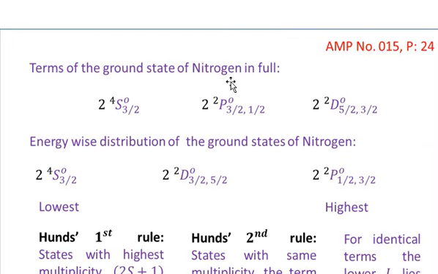So the terms of the ground state of nitrogen in full form: 2 is the principal quantum number, 4 the multiplicity, S the term symbol, O indicating that it is an odd parity state, and 3/2 is the value of the total quantum number J of the atom. Similarly, I have written these quantum numbers over here. But now I am going to distribute them energy-wise.